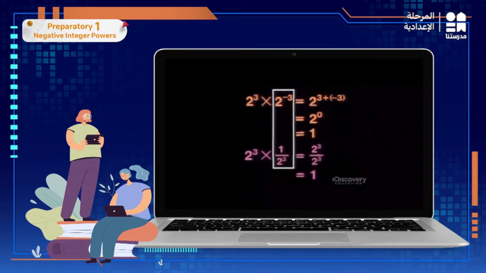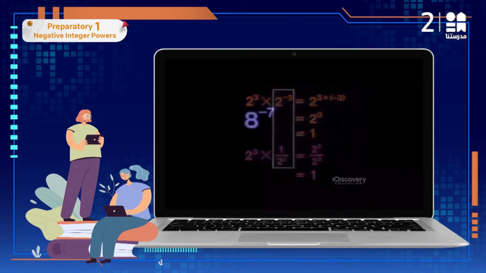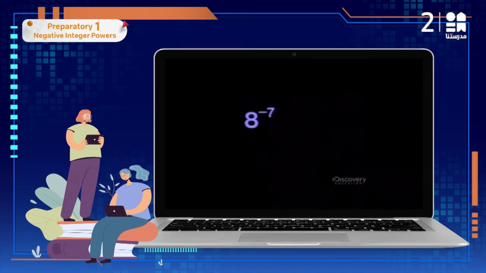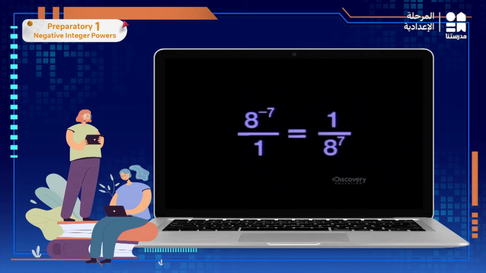Here's the general idea. Suppose you have a number, or for that matter a letter, with a negative exponent. For example, 8 to the power negative 7. Think of the whole business as a fraction with a denominator of 1. Then, to change the sign of the exponent, just invert the fraction.